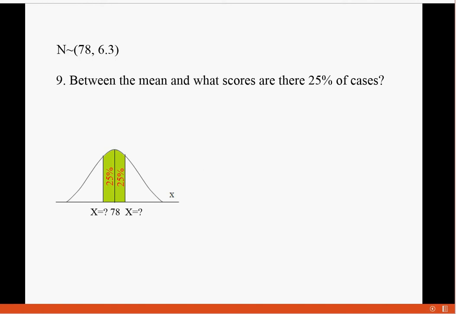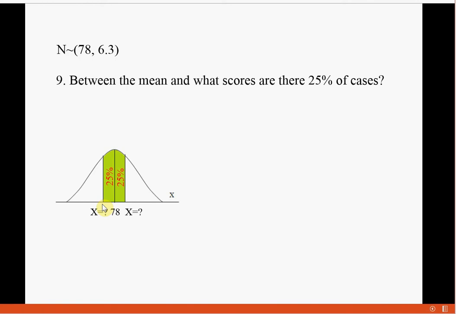Now let's do the calculation. We are given the percentages. The question is that given this percentage, what is the z-score that corresponds to 25%? What is the z-score that corresponds to 25% here? Also, what is the z-score that corresponds to 25% here in the upper bound?